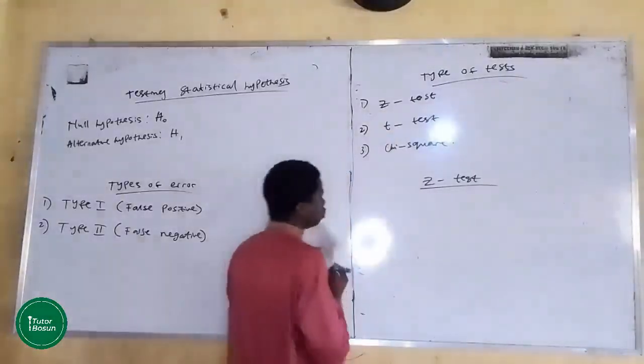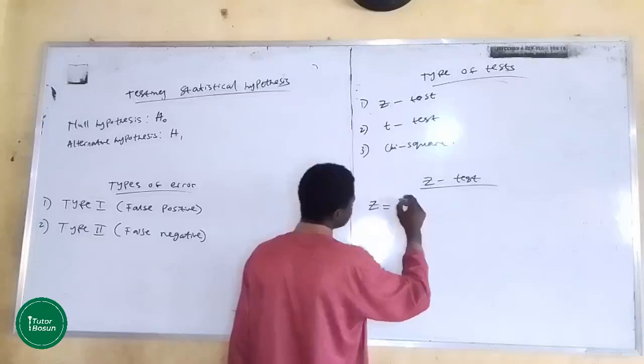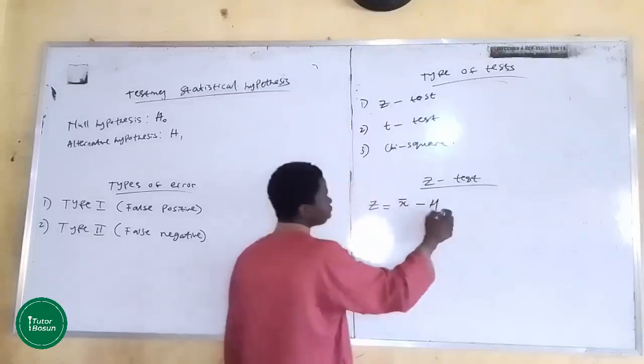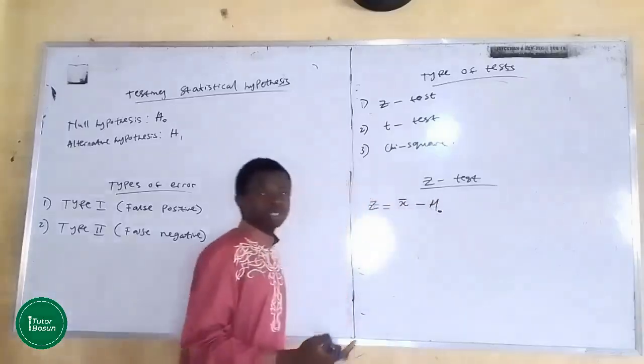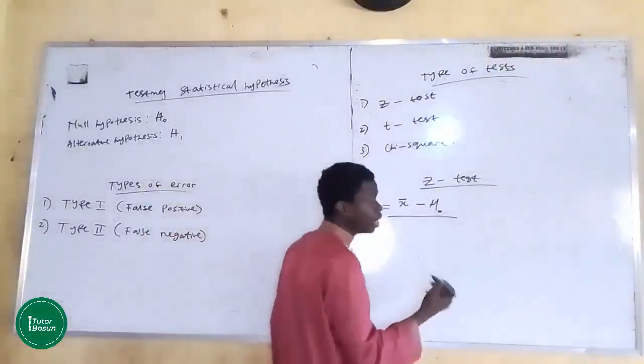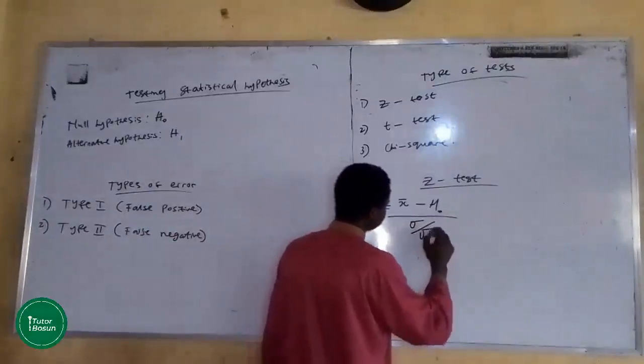The formula you use under z-test: z is equal to x bar minus mu naught, where mu naught represents the null hypothesis, divided by sigma over square root of n.